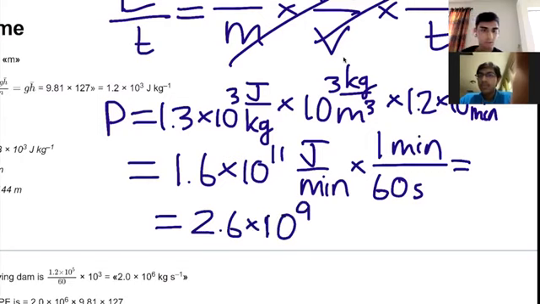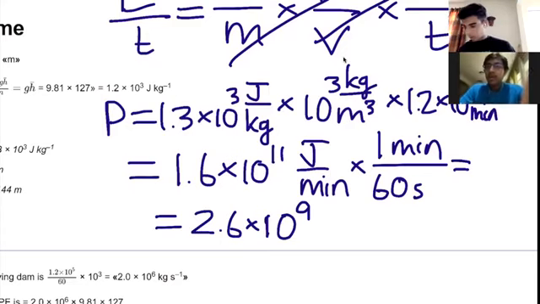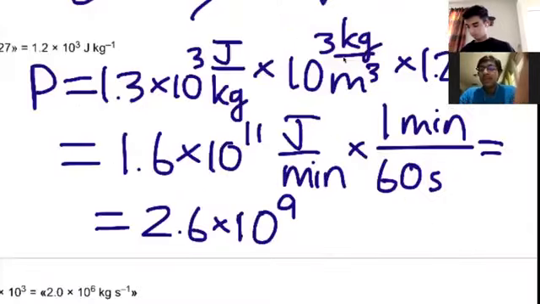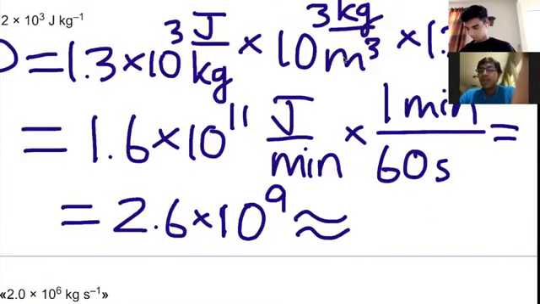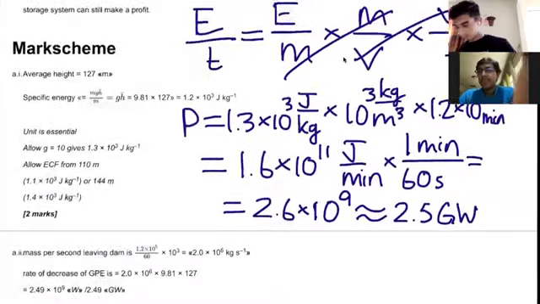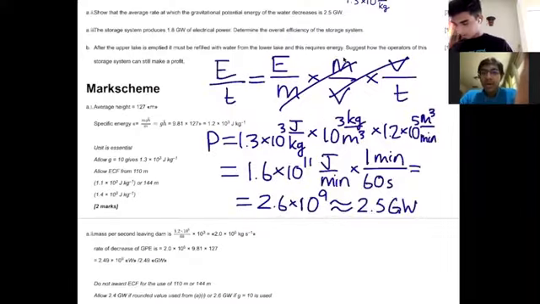Is that what you got? So that'll be 2.6 times 10 to the 9. And the problem asks that you show that it's equal to about 2.5 gigawatts. From there you have joules per second, which is approximately 2.5 gigawatts.